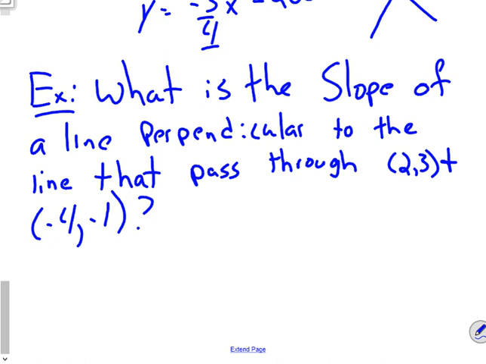So I'm looking for a line that's going to be perpendicular to this one. Okay? So what have I been given here?